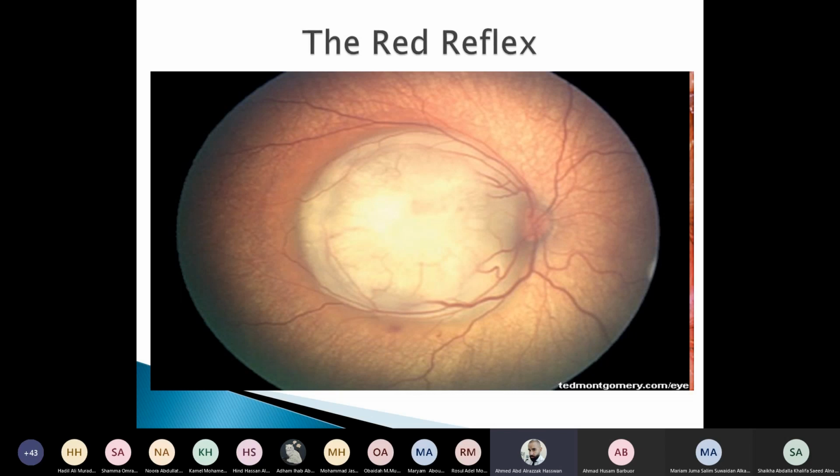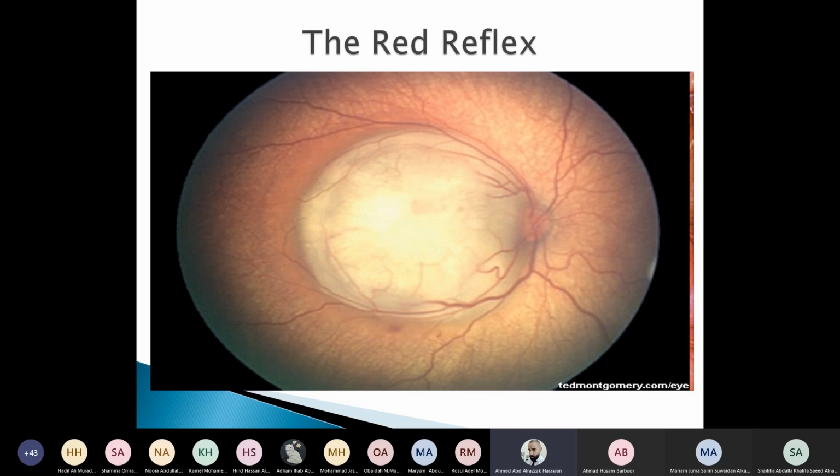Now in the lens, you know that the lens is the area where we have the maximum refraction in the eye. Sometimes there is something known as cataract. Cataract is actually whitening of the lens. This is how it looks, and usually it's present in elderly people and in patients with long-standing diabetes mellitus.